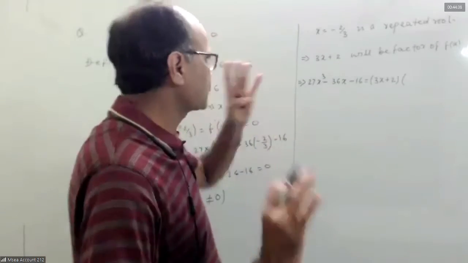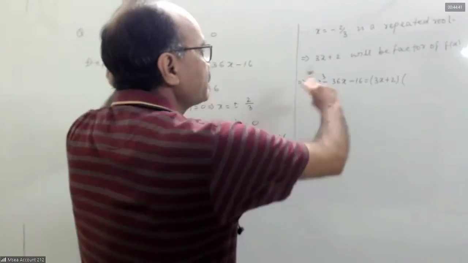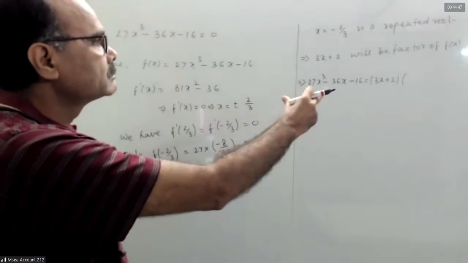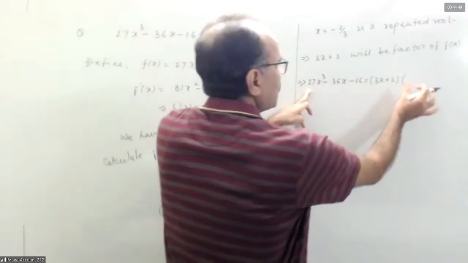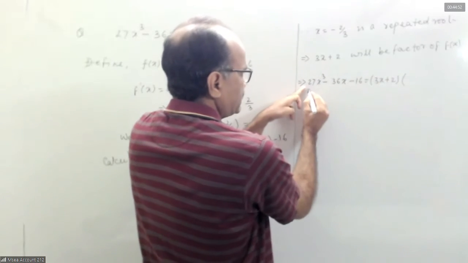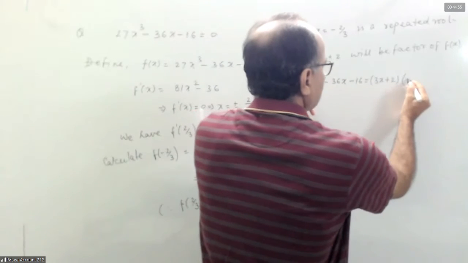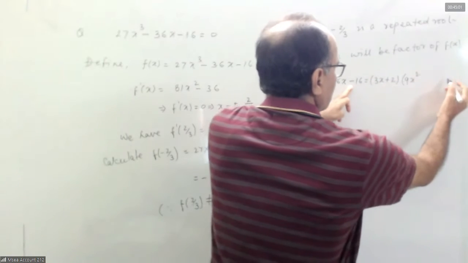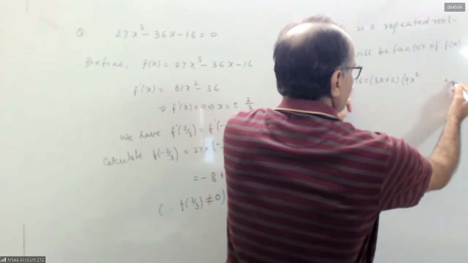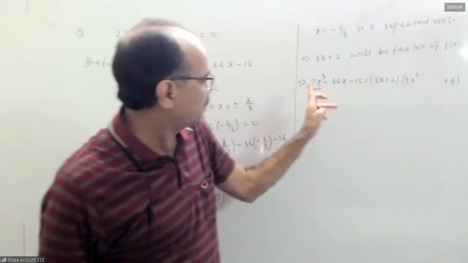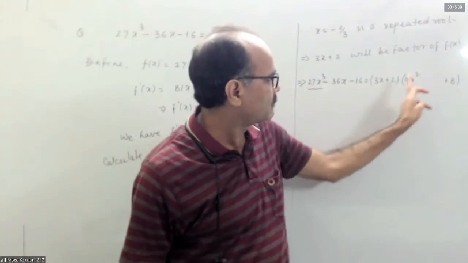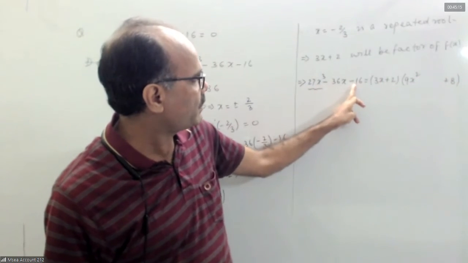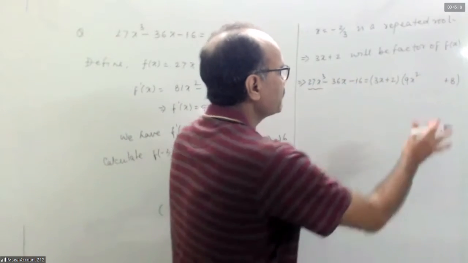Okay, that is correct. But I want to tell you this thing about repeated roots, and how to take the factor. My purpose is to find the other factor, which will be a quadratic. Just compare the first term, 9x square, and the constant term, minus 16 by 2, which is minus 8. Just compare the first term and last term.